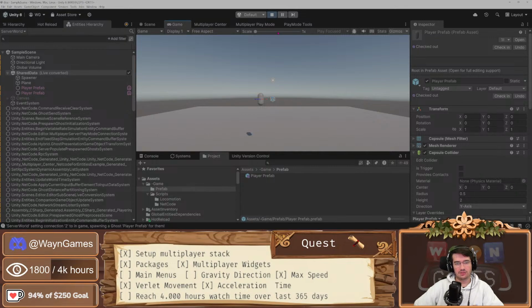So my input is clearly not redirected correctly. Because I wanted it to go up and down. So projection is not working.